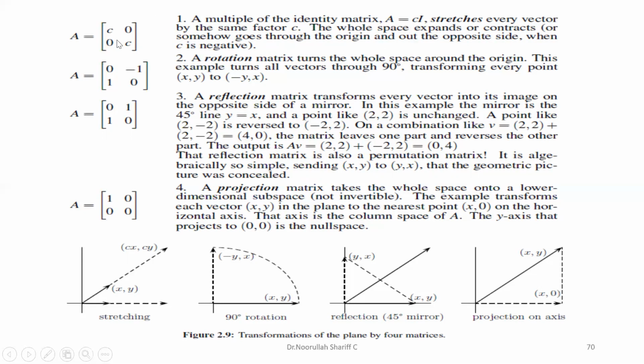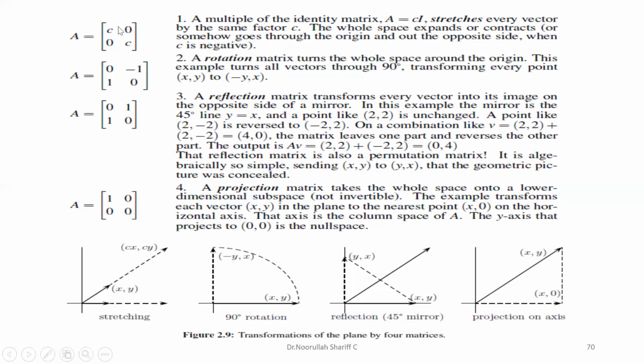If you multiply A with the column matrix with x and y elements, it gets transformed into Cx and Cy.